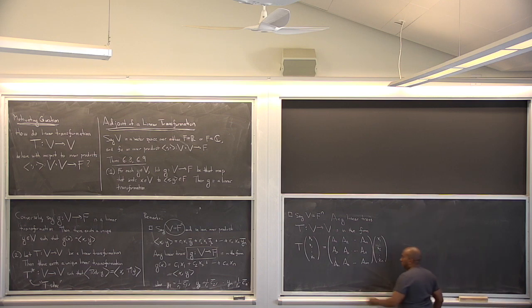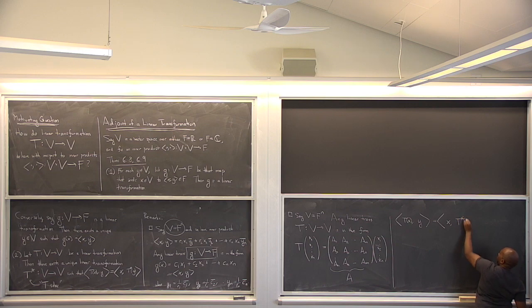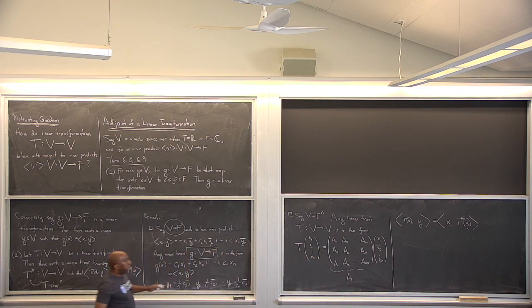So if you will, you can call this here your matrix A. And so if you just played around with things, then much in the same way here, once you take a look at the inner product of T of x and y, then you use this formula here.